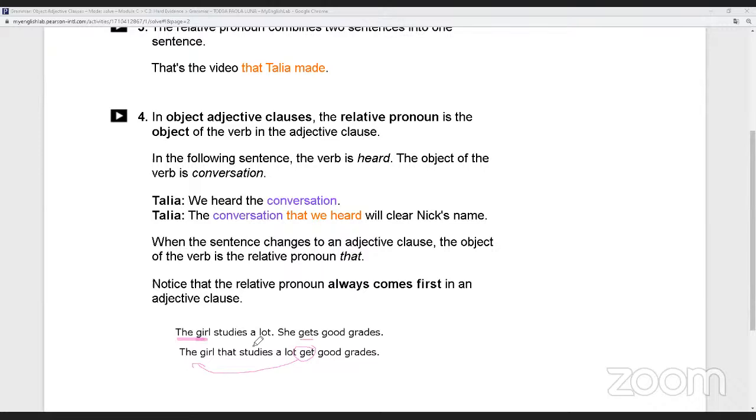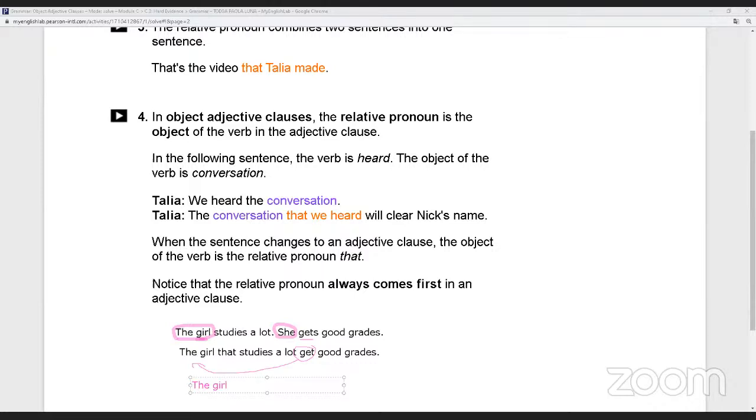Okay, so what happened here? I have the girl, and in the other sentence, I have she. Okay, the girl studies a lot. She gets good grades. All right, so now I have the noun. I'm gonna write it. The girl.